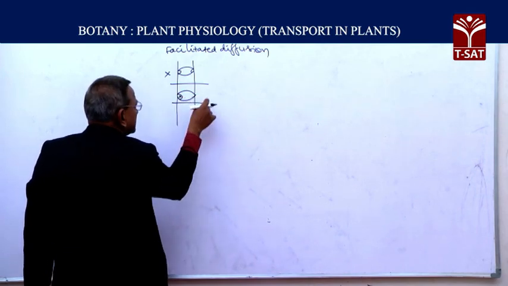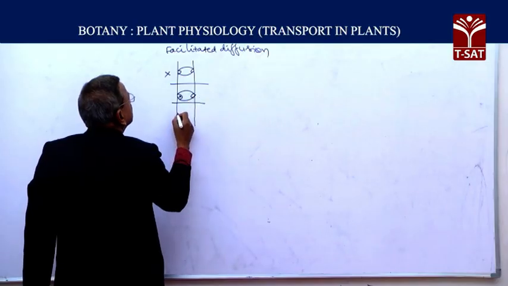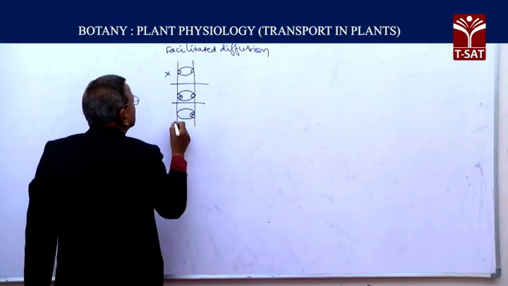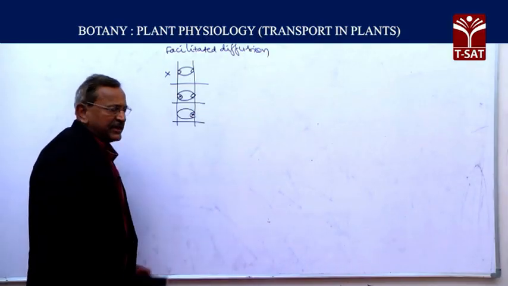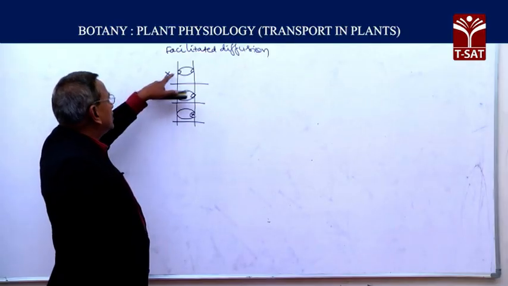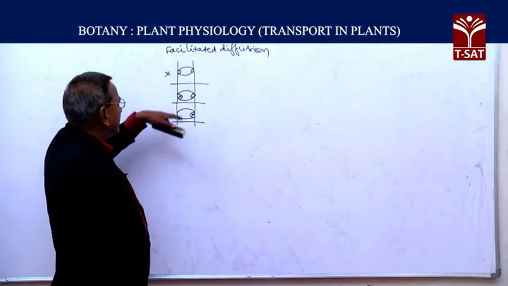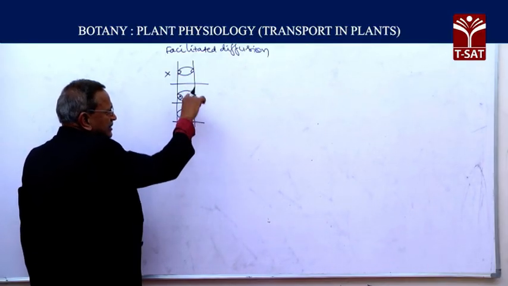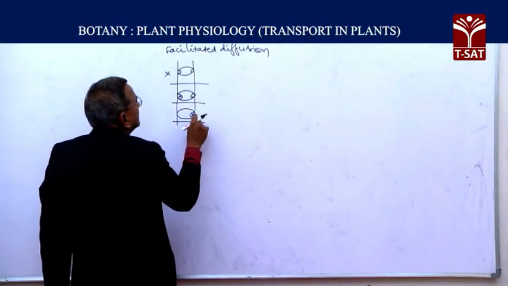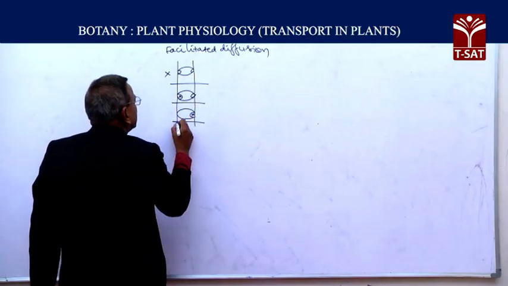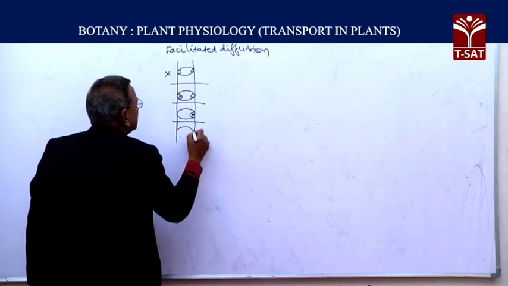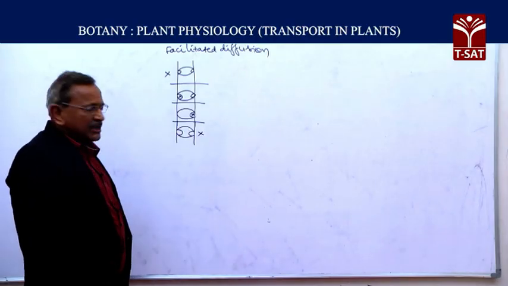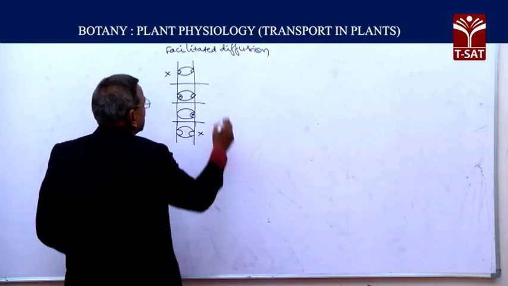It rotates, that is normally described as conformational change, and it is exposed to medium on the other side. So this is the first frame where the solute binds to catalytic site, and as a result the carrier protein undergoes conformational change. It rotates and the solute is exposed to medium on the other side. Now it is released and the carrier protein is free to accept one more solute. This is uniport.